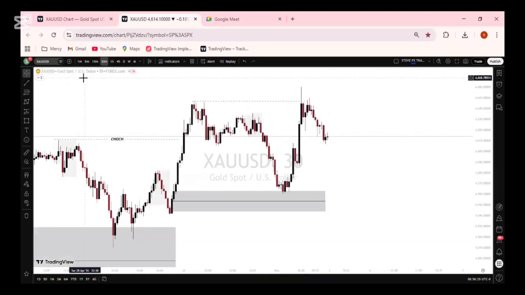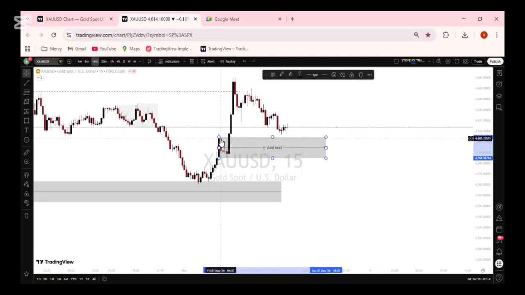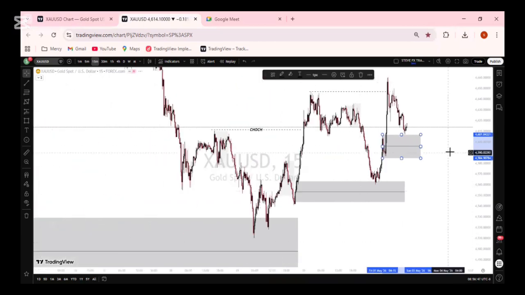So when you go to the 15 minutes for our entry, where we are going to have our minor structures, this zone becomes our entry for the trade. So that is it on gold.